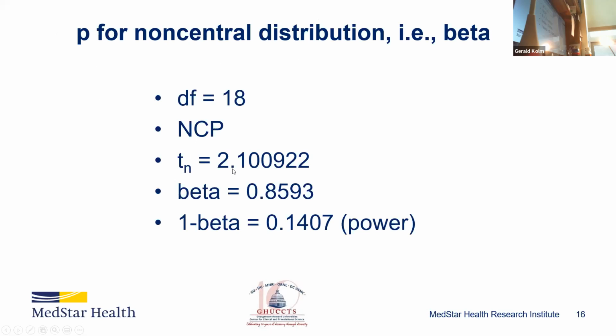It turns out that at 2.1, our beta error is 0.86, and 1 minus that is our power, which is 0.14, which is pretty low power. In other words, we don't have a really great chance here of rejecting the null hypothesis.